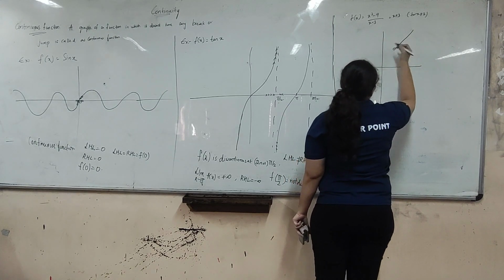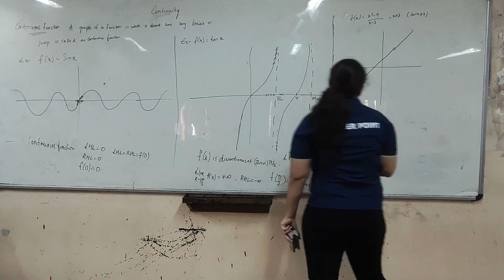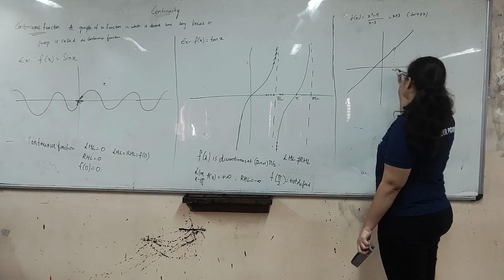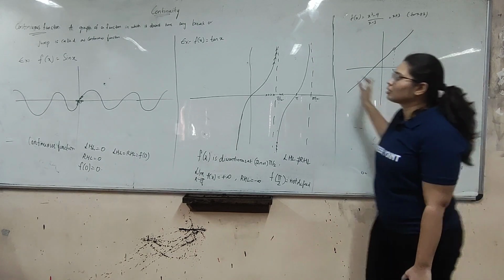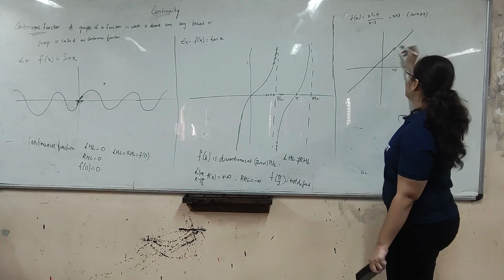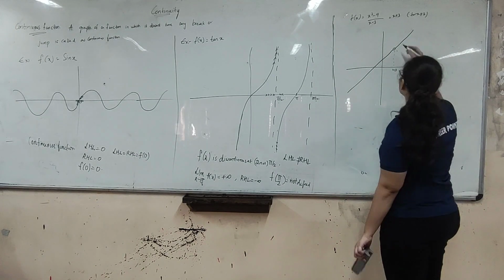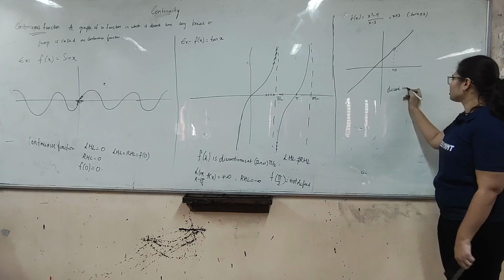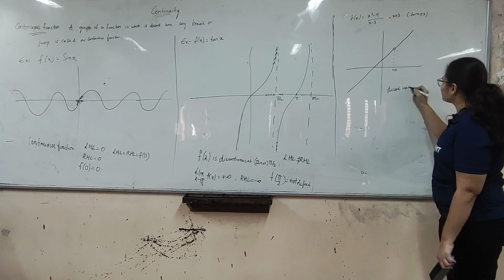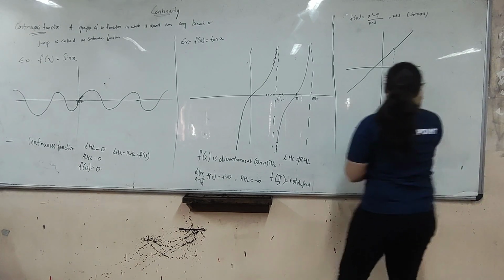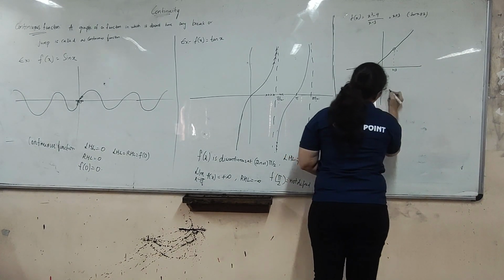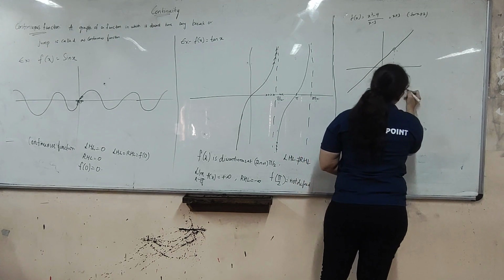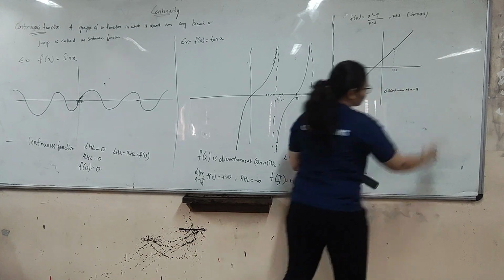At 3 it won't be there, and then it continues moving, right? So the graph breaks at x equals 3. It is not continuous, it is discontinuous at x equals 3.